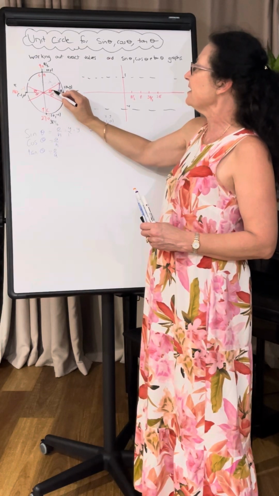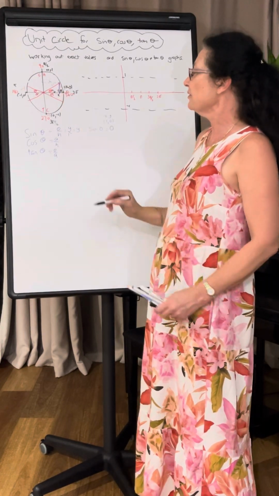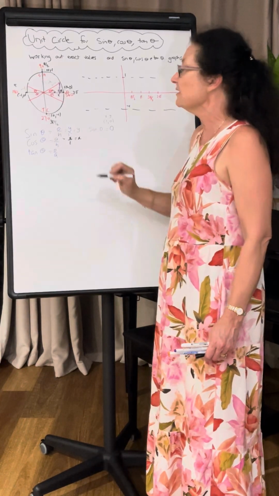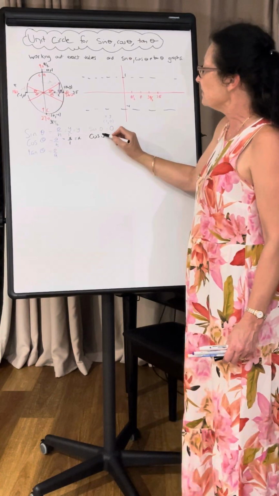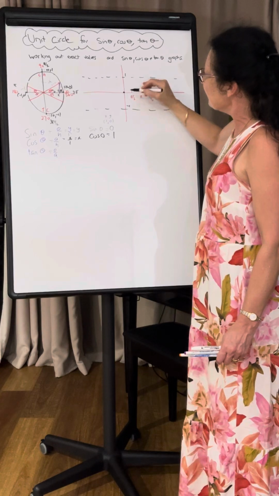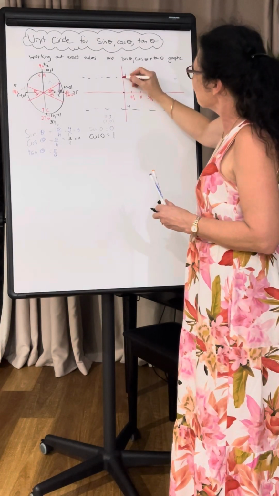So here adjacent is your x value and your hypotenuse is 1. So it's x over 1, which is just your x value. If we look at cos of 0, the x value is 1. Now we can plot that. There's sine, there's cos of 0.